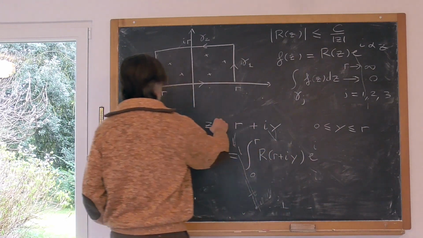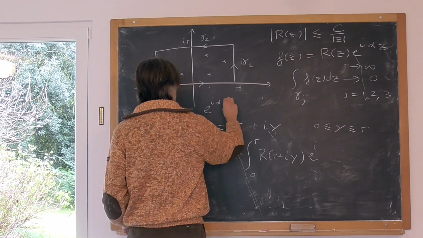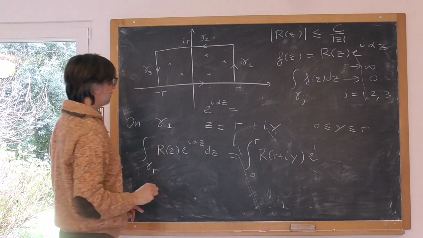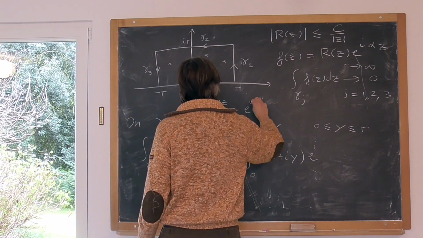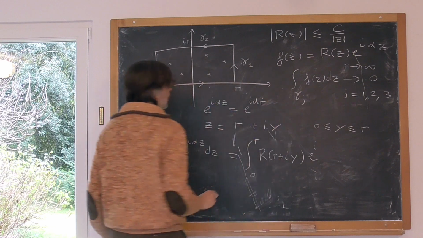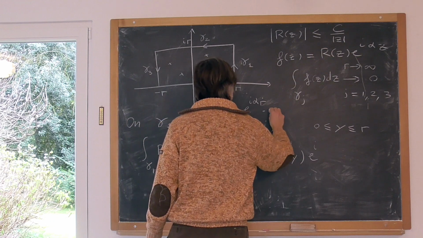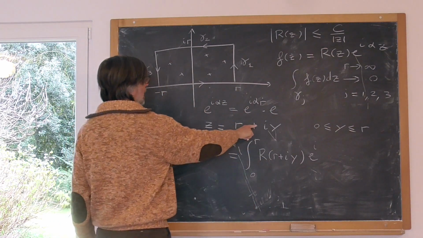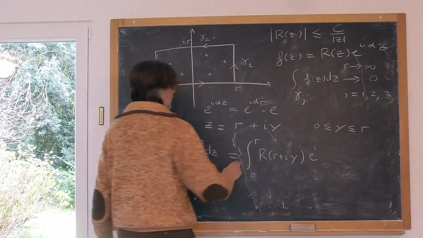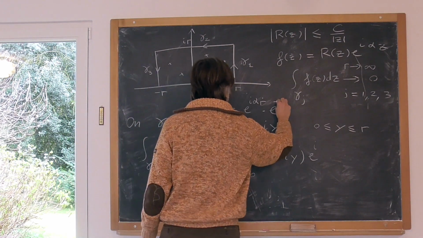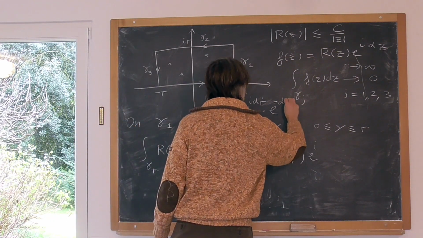So let's compute what e to the I alpha z is. It is e to the I alpha r times e to the I alpha I y, so I times I is minus 1, so it's e to the power minus alpha y.